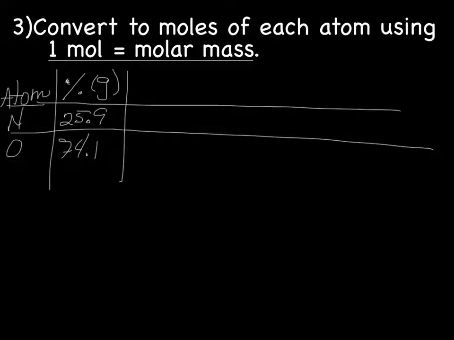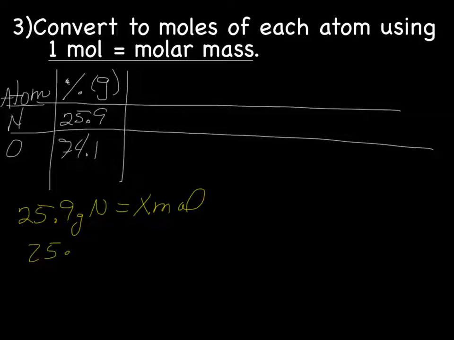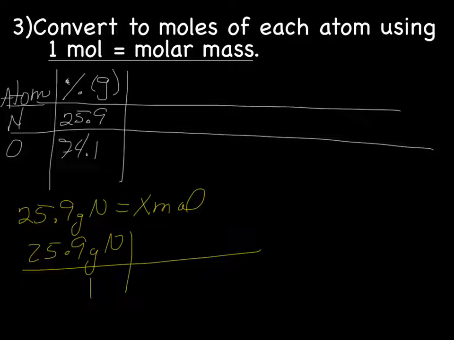Okay, the next step we need to do is to convert to moles of each atom using 1 mole equals molar mass. So basically, if you look at nitrogen, what we're saying is that we want to have 25.9 grams nitrogen equals X mole. You guys remember this? Then we set up the grid, and we need the equality 1 mole equals molar mass of nitrogen.